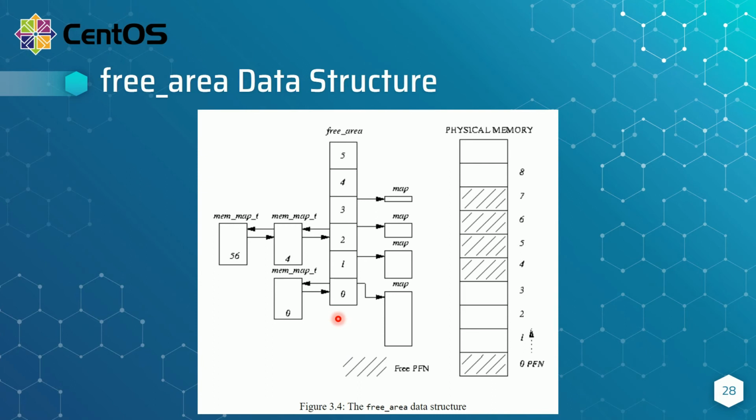So if, let's say, for this example, we request a size of 4, then we would go down this list for the free area data structure. In the first one, we know it wouldn't be here because this represents one page blocks. In the next one, this one's going to be 2, and we won't find it in there either. So that means we'll have to go into index 2 to find a block of 4.